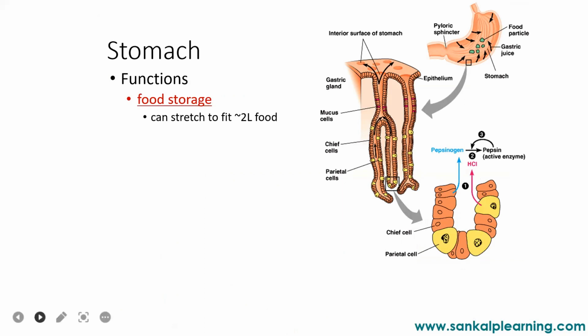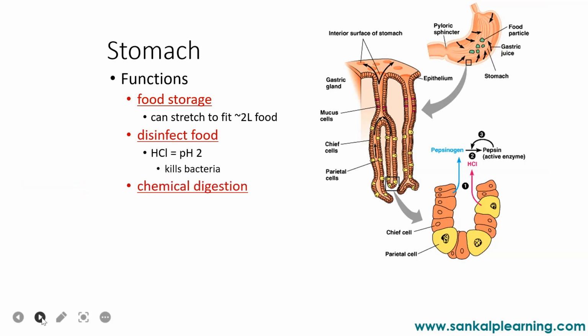Stomach can store 2 liters of food. Okay, now disinfect food means stomach has acid called as hydrochloric acid, so which kills the infectious organisms or the germs present in the food. Okay, then chemical digestion. So which chemical digestion occurs in the stomach?